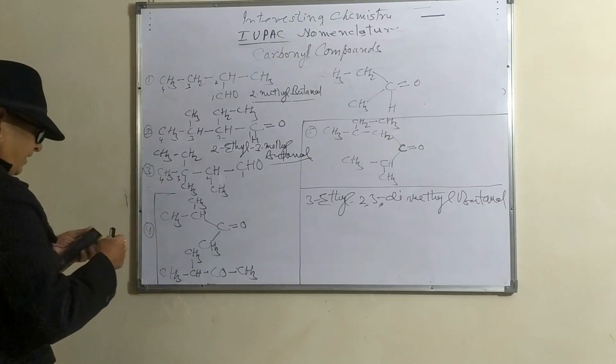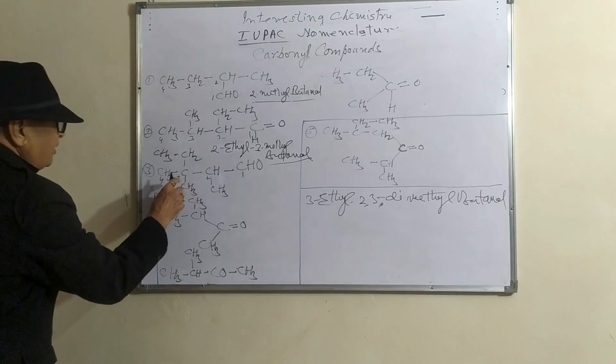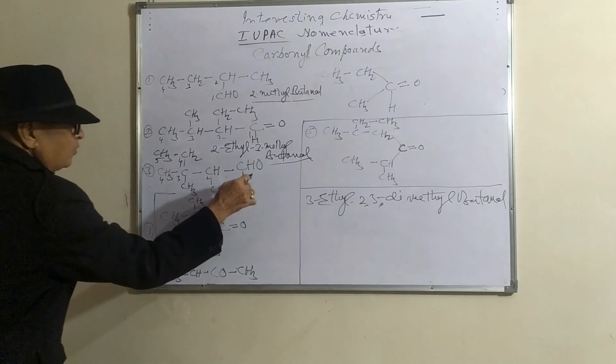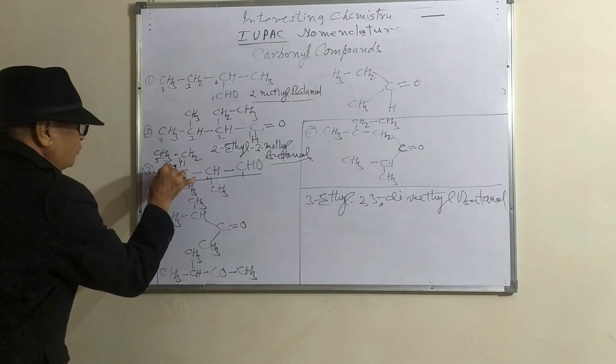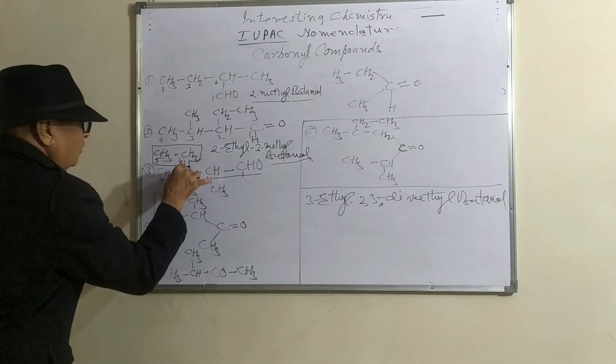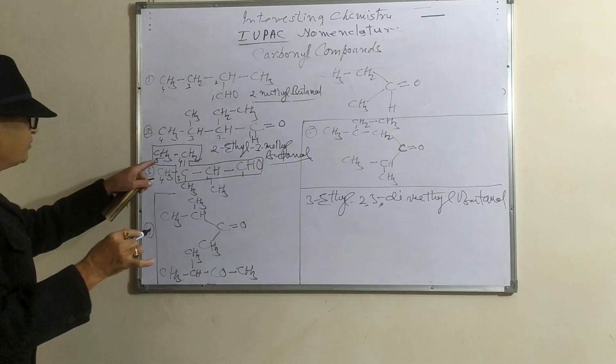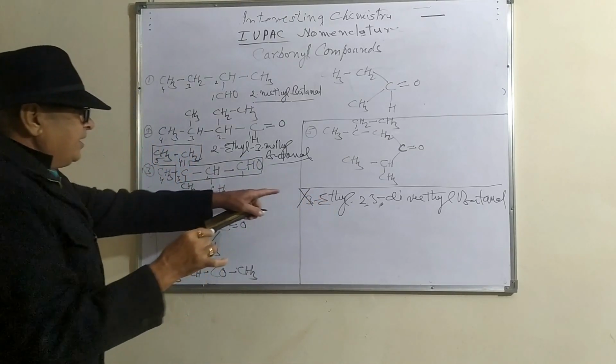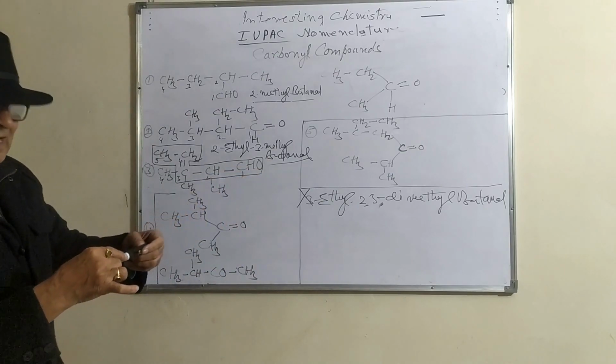It should be that the CH3 is 4, and this is 5. So the longest chain of this compound should be this one or this one. This is the longest chain. So 3-ethyl 2,3-dimethyl butanal is a wrong name.